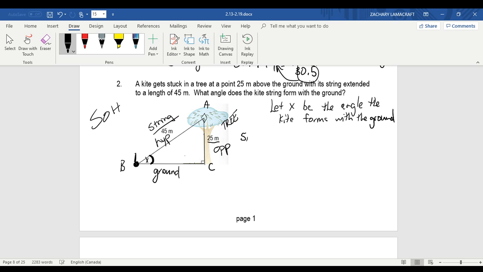And if we wrote it out, it would be sine x is equal to opposite over hypotenuse. And we can begin to fill in some of these things. So sine, the angle is x, so it's going to stay x. The opposite being 25. The hypotenuse being 45.